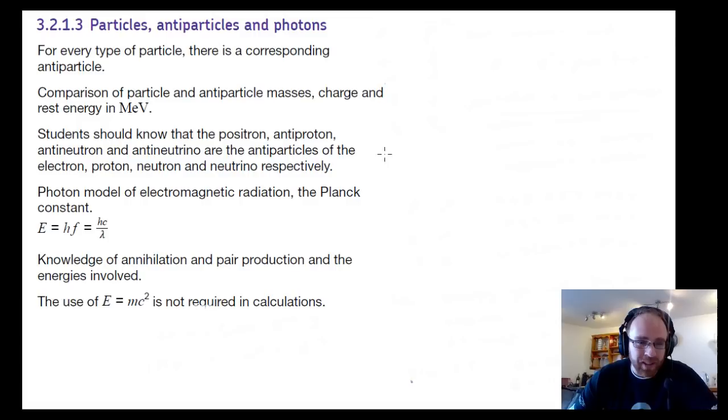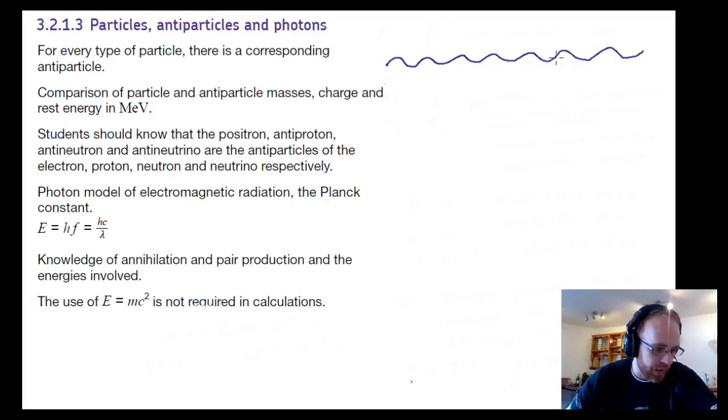So we need to talk about the photon model of electromagnetic radiation. So you know about electromagnetic radiation, it's a transverse wave. If you want to know about transverse waves, check out the wave specification analysis.